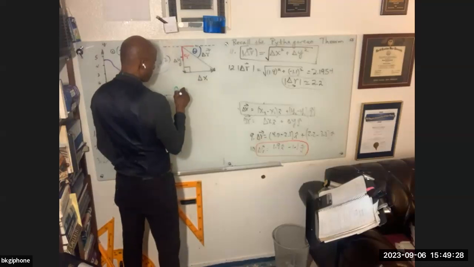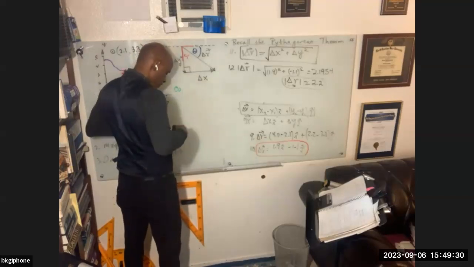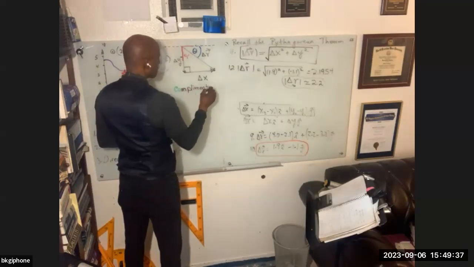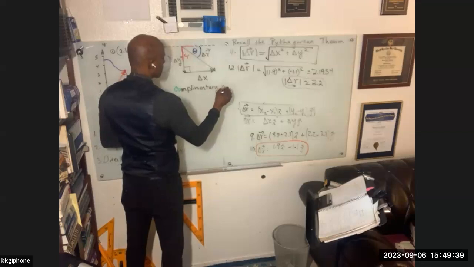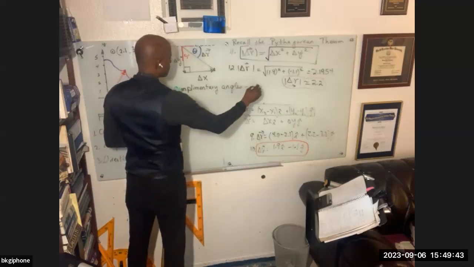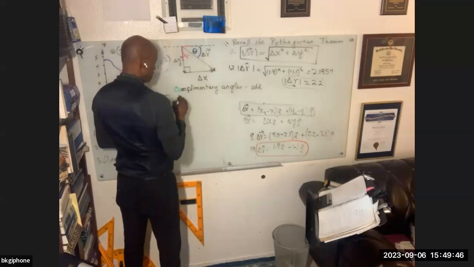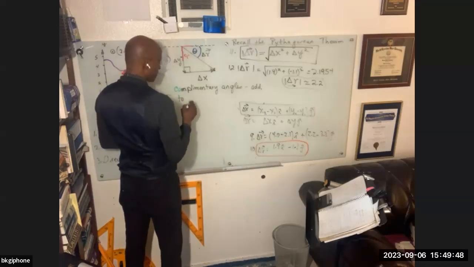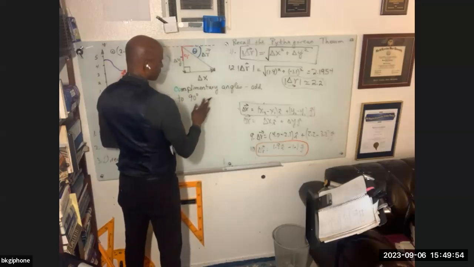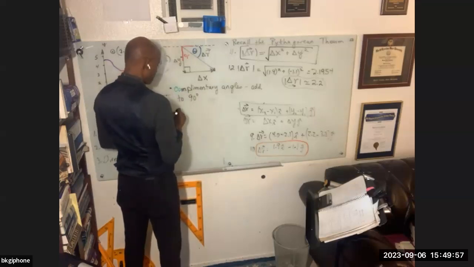Complementary angles are those that add to 90 degrees. So alpha plus, whatever, you get it. Supplementary angles add to 180 degrees.